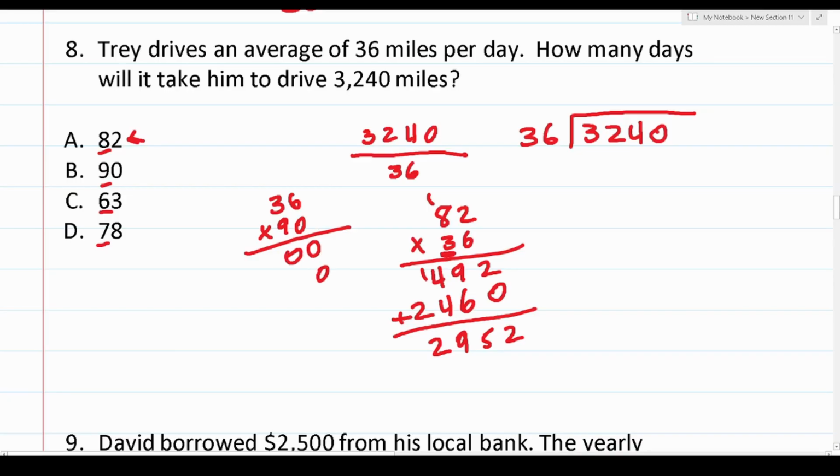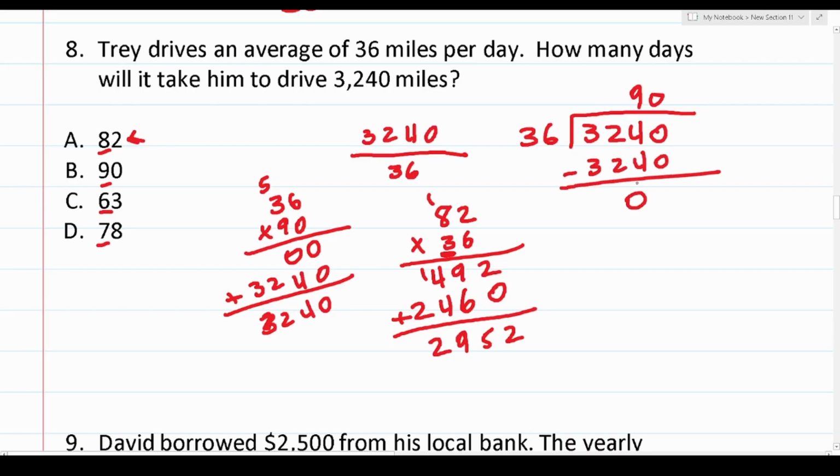Let's add a 0 placeholder now that we start multiplication with this 9. 9 times 6 is 54, so we're going to carry a 5. 9 times 3 is 27. 28, 29, 30, 31, 32. Nothing plus 3,240 is 3,240. So we can see that 36 times 90 is 3,240 evenly with no remainder.